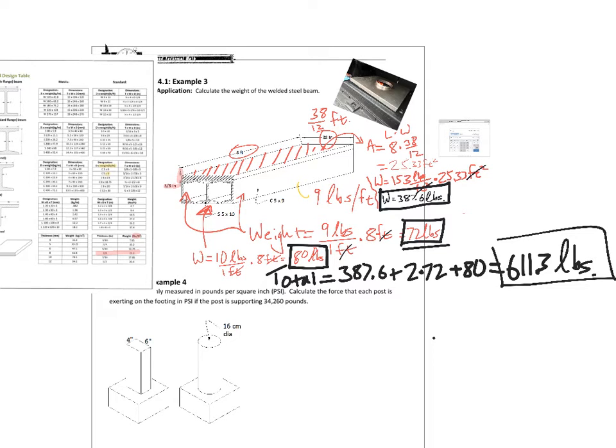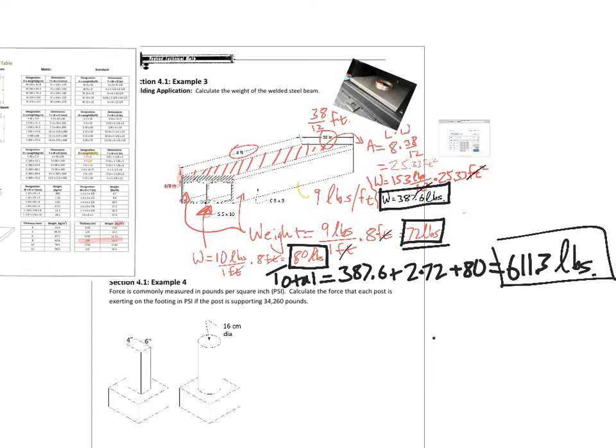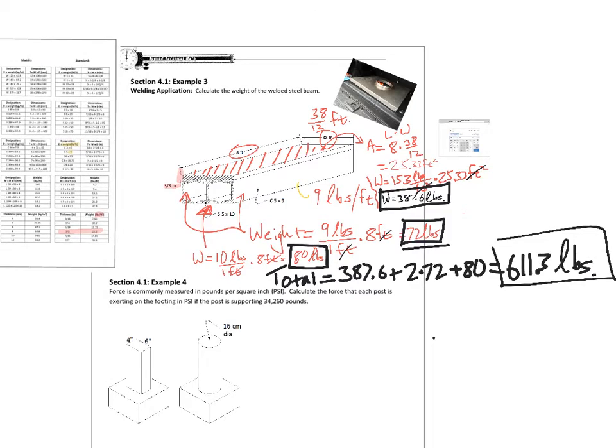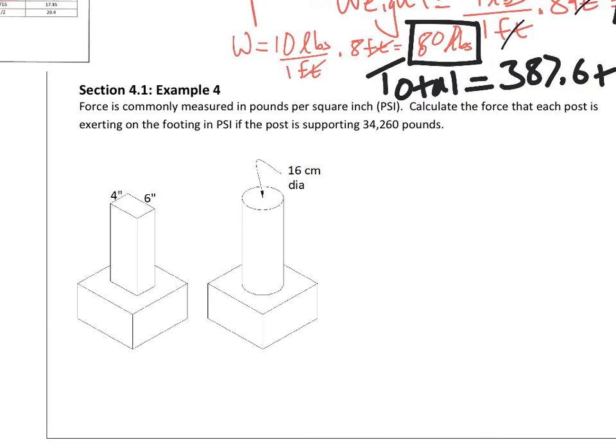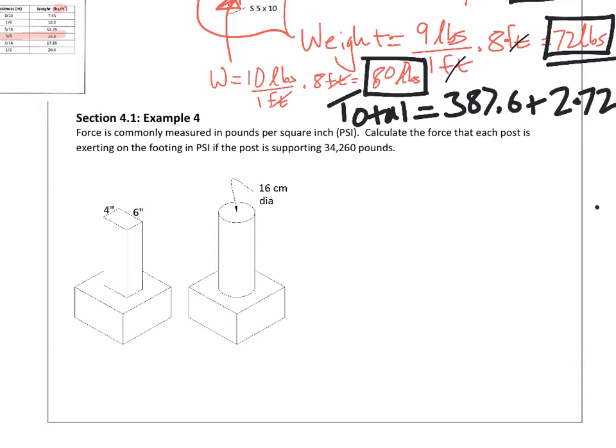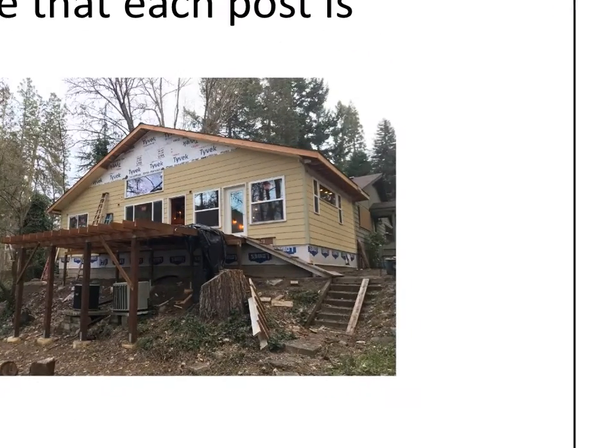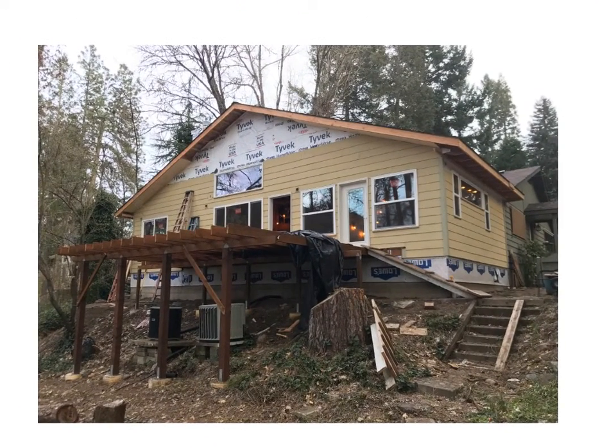Okay, great. Well, one more little example here using area. Okay, so this is when we have posts that are in the ground. All right, so let's get a picture for you. So here is a little project I've been working on that I've been telling you about, and notice that down here we have the deck, and we've got a post, and we've got a cement cylinder here.